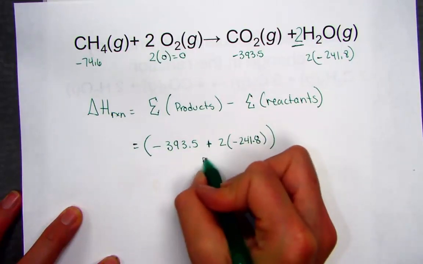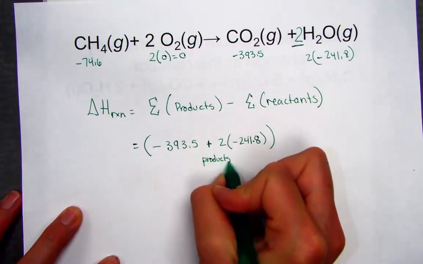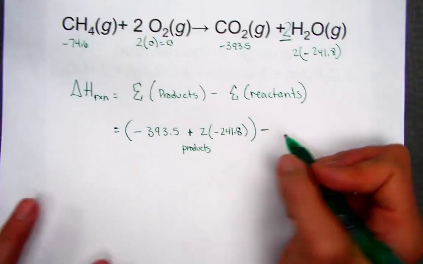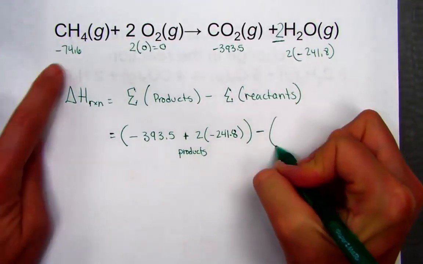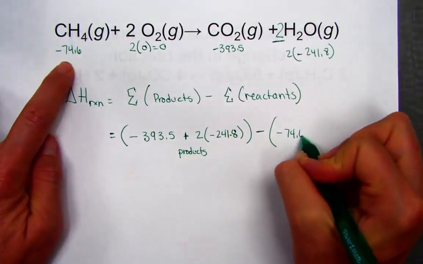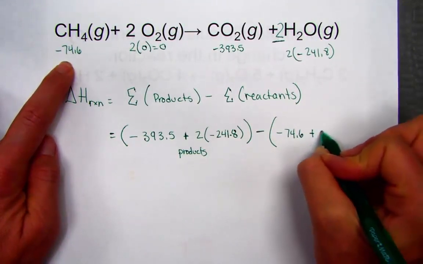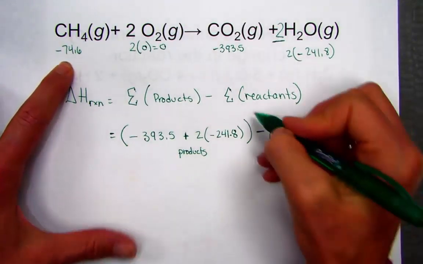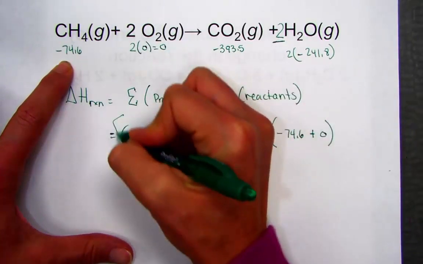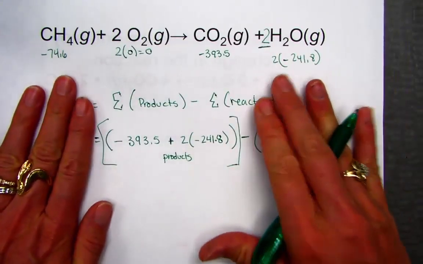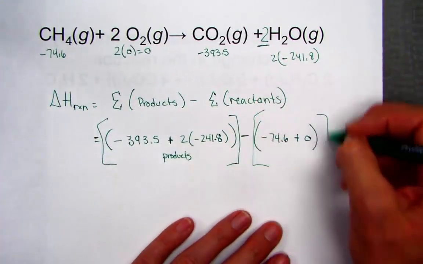The sum of the products minus the sum of the reactants. Negative 74.6 plus 0. So here's what we have, just to clarify. First big bracket is products minus reactants.